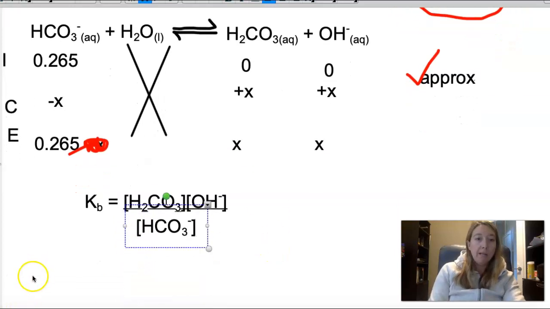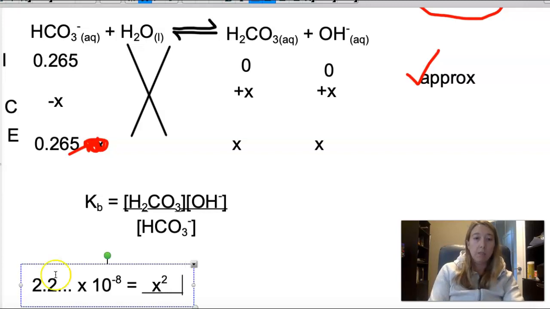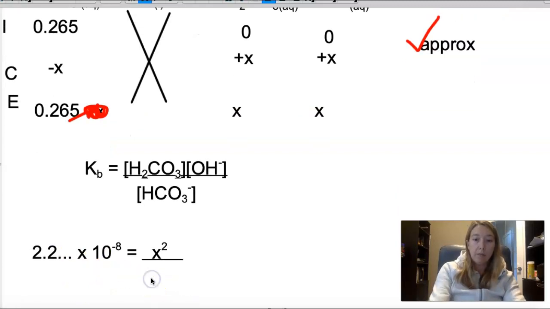Okay, so we have that Kb, which was 2.2 times 10 to the negative 8, and that is going to equal our x squared divided by 0.265. Right, because again, we were able to approximate.